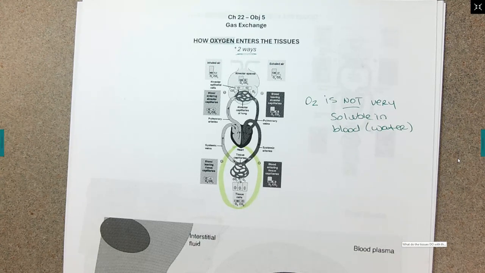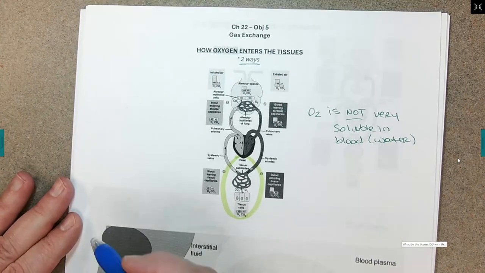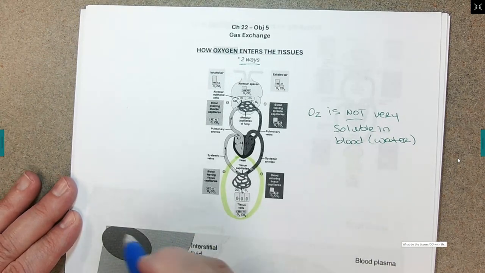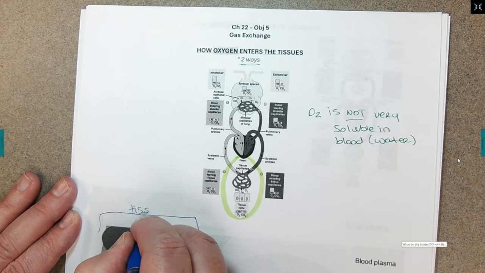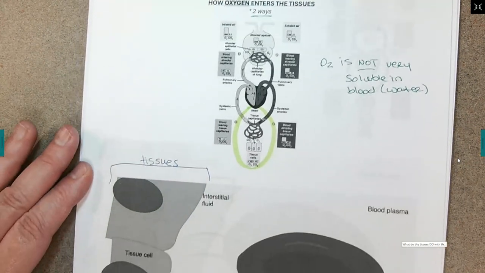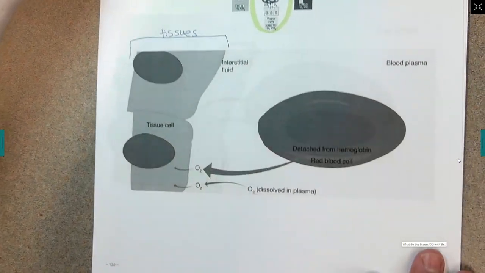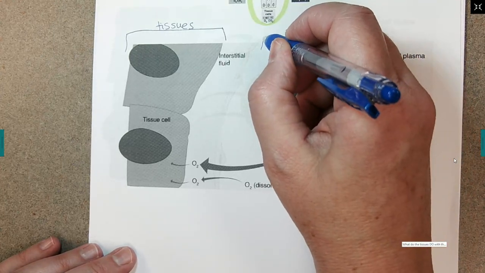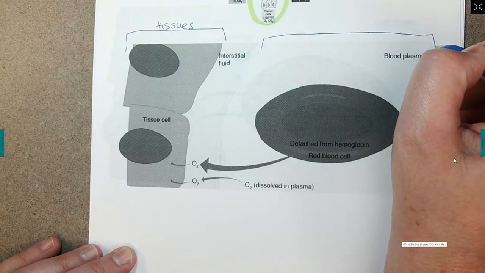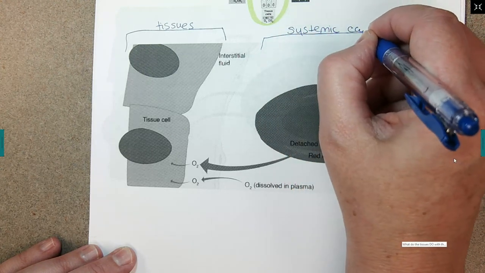So to show you what's going on here, we've got our tissues right here. Just kind of showing you what our picture looks like. And right here, you have your systemic capillary.